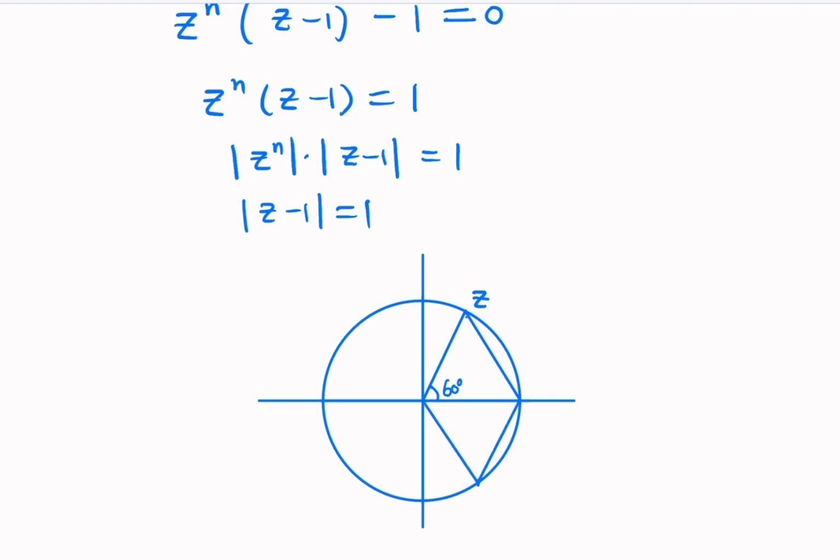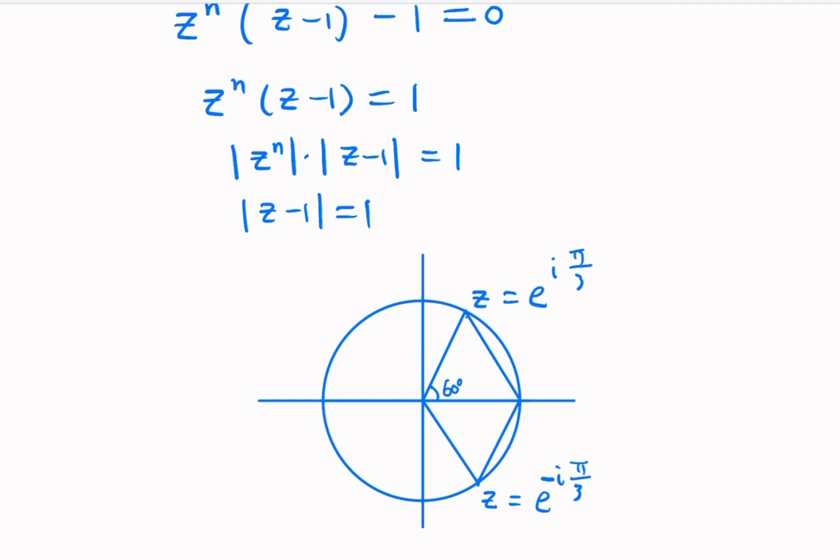So what is the value of z here? That is equal to e^(i pi over 3). And this one is equal to e^(negative i pi over 3).